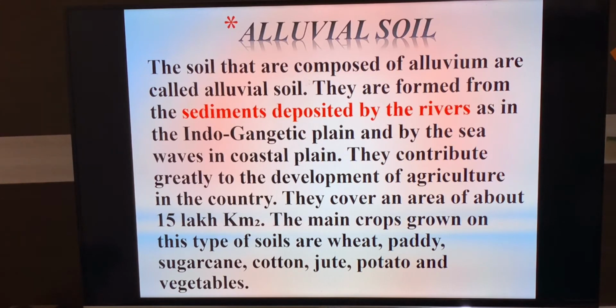And they are fertile soil, and this fertile soil is used for agriculture purposes. And you see, all the main crops are grown on alluvial soil: wheat, paddy, sugarcane, cotton. So alluvial soil is a fertile soil which is very important for agriculture, and it is formed from sediment deposited by the river.